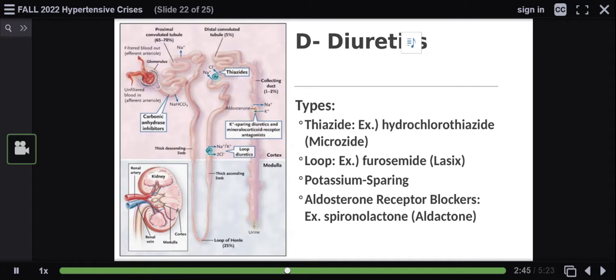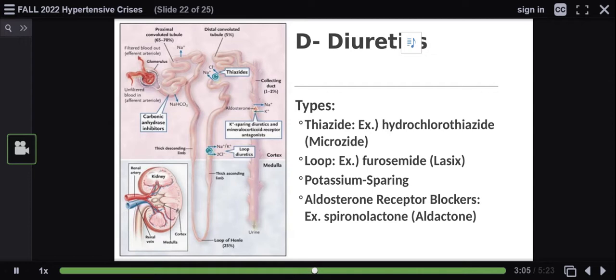Lastly, we have the potassium-sparing diuretics and also aldosterone receptor blockers. Example, spironolactone. So these guys affect the distal tubule, and they prevent the reabsorption of sodium in exchange for potassium.